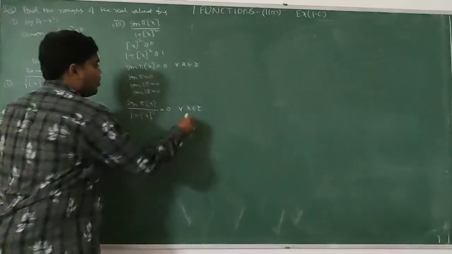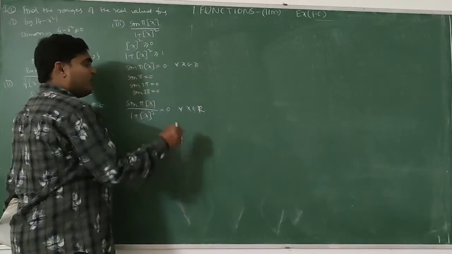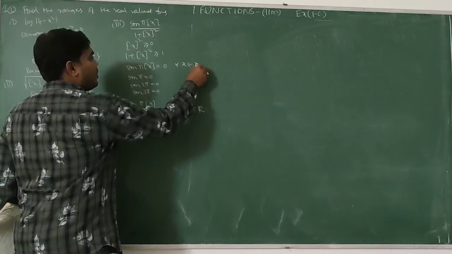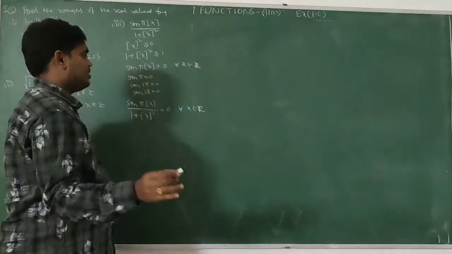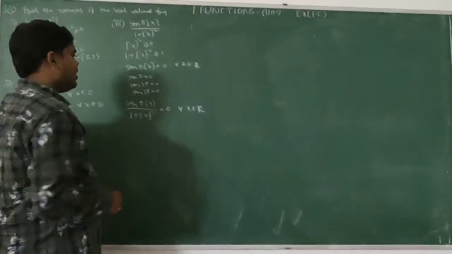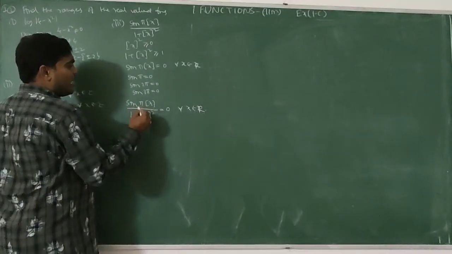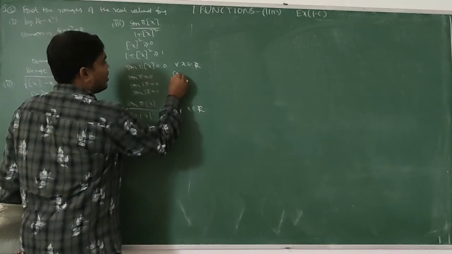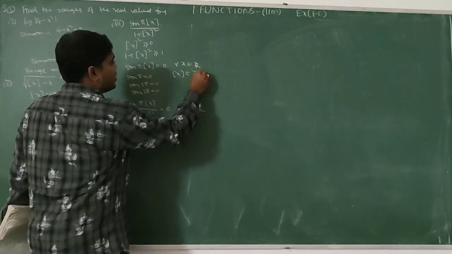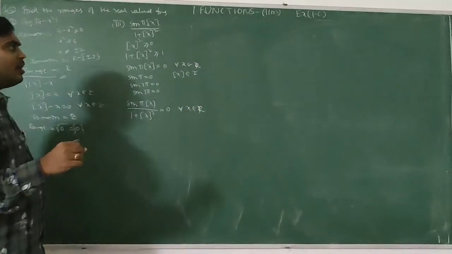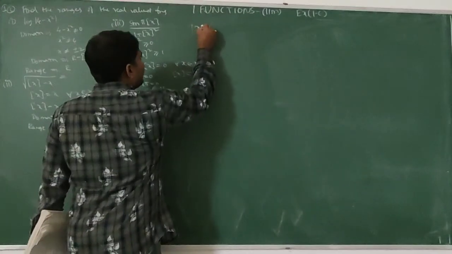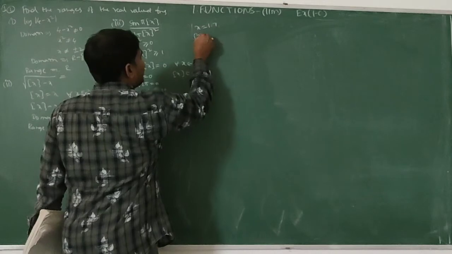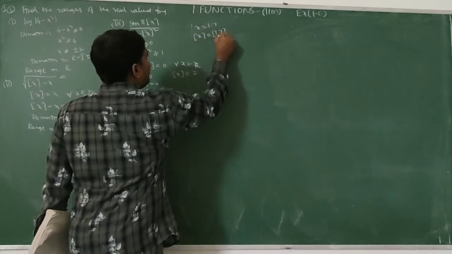X belongs to R, not only Z. For all x belonging to R, if we take whatever real number, bracket x is always an integer. X is a real number, bracket x is an integer. So bracket x belongs to Z. Example, x equal to 1.7, bracket 1.7 equal to 1.